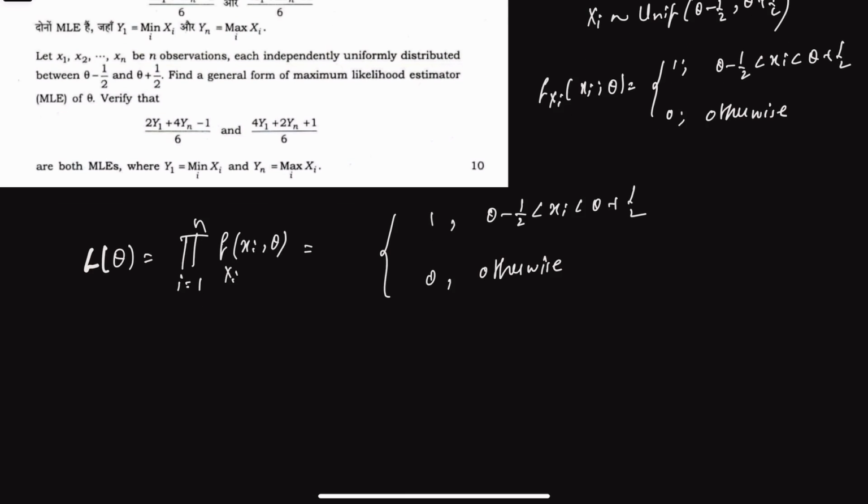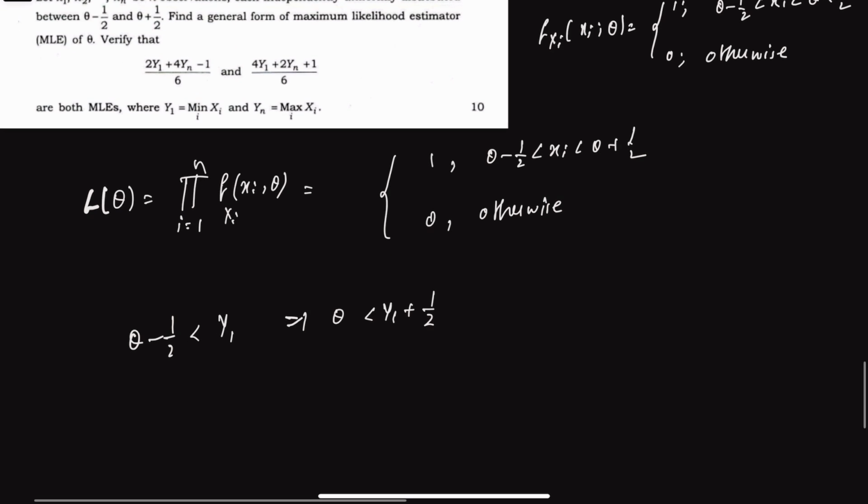So the likelihood is 1 only if theta satisfies xi being between theta minus half and theta plus half. That means y1 should be greater than or equal to theta minus 1 by 2, so theta should be less than or equal to y1 plus half. On the other hand, yn should be less than or equal to theta plus half, so theta must be greater than or equal to yn minus half.